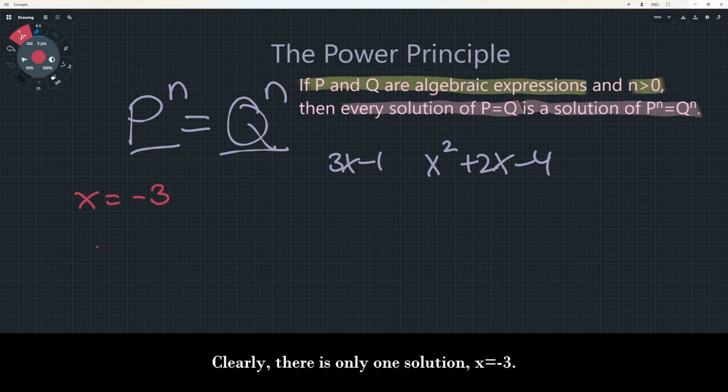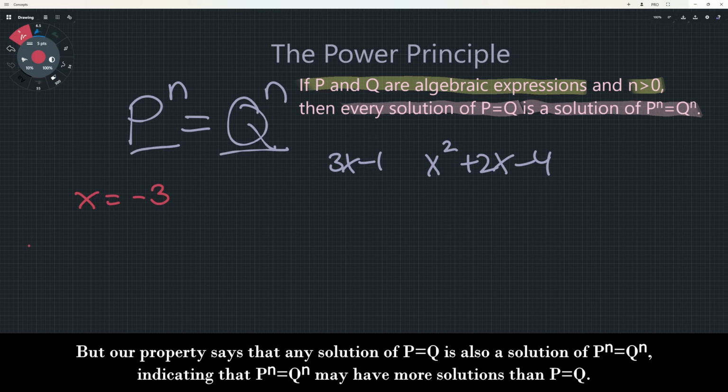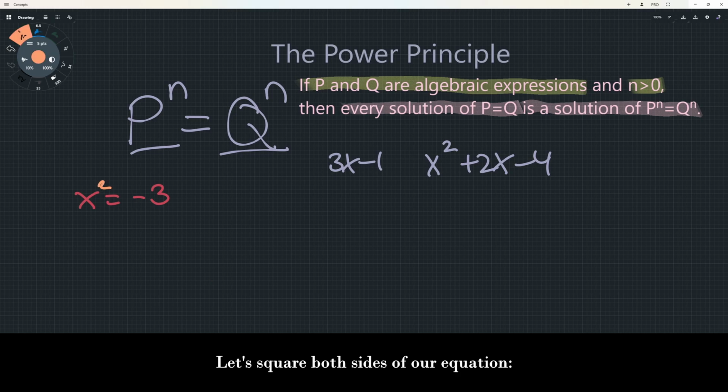Clearly, there's only one solution, x equals negative 3. But our property says that any solution of P equals Q is also a solution of P to the n equals Q to the n, indicating that P to the n equals Q to the n may have more solutions than P equals Q. Let's square both sides of our equation.